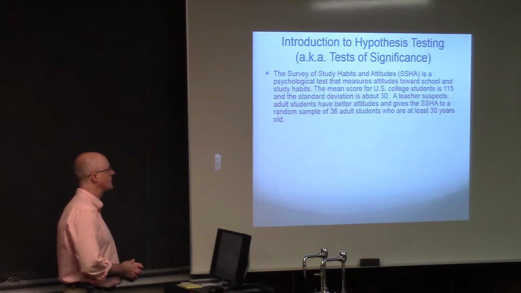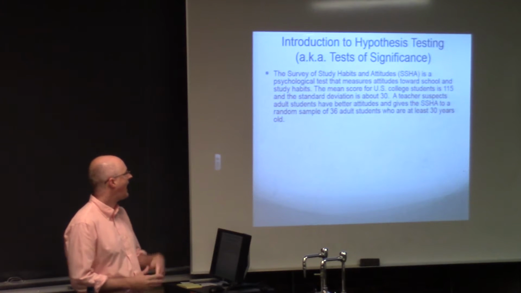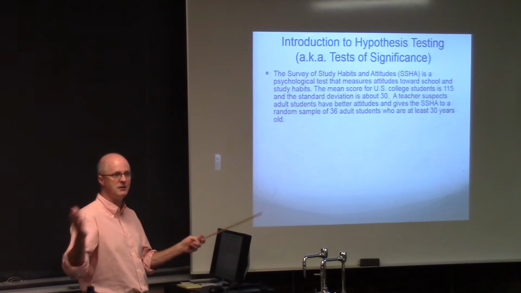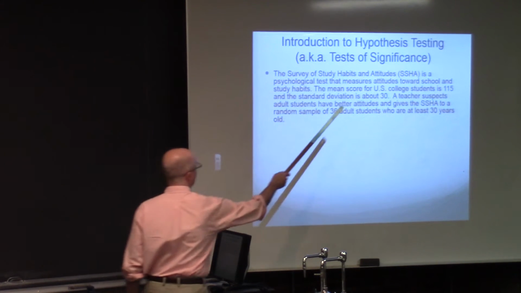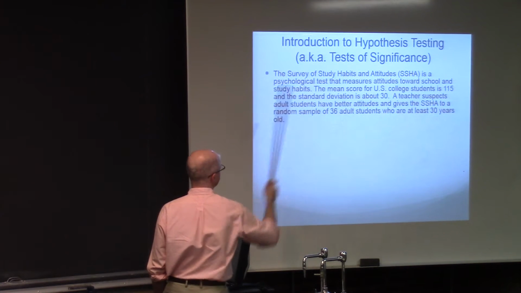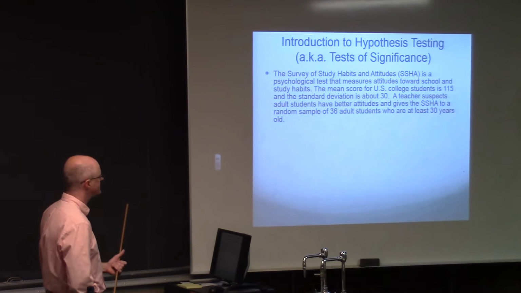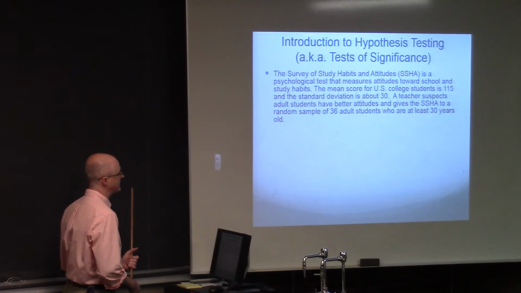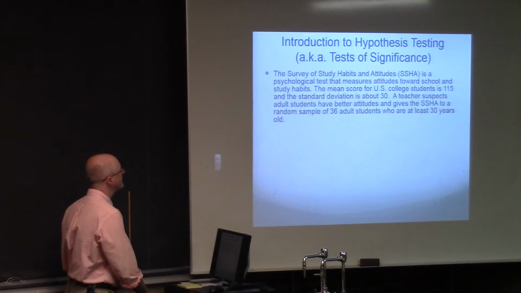And there's a teacher who suspects that adult students over the age of 30 have a higher mean score than the entire U.S. population of all students. The claim is, for all students, the mean is 115 and the standard deviation is 30, but this teacher suspects that her adult students have better attitudes, so she gives this test to a sample of 36 adult students who are 30 years old or older.